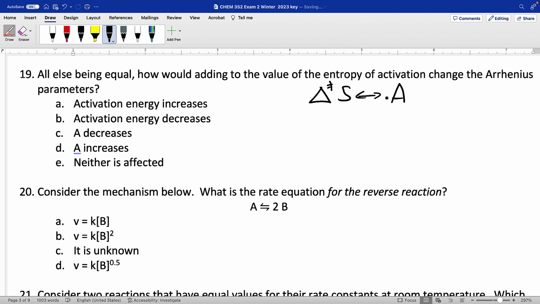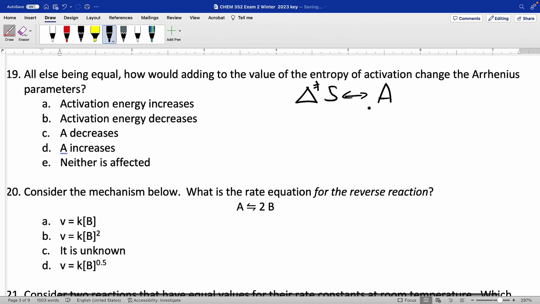So if we're going to, in this case, make this better, right? We're making it easier to make the transition state because we're making the entropy of activation more positive or less negative. We're adding to its value. That's going to make the A constant bigger. So A is going to increase.